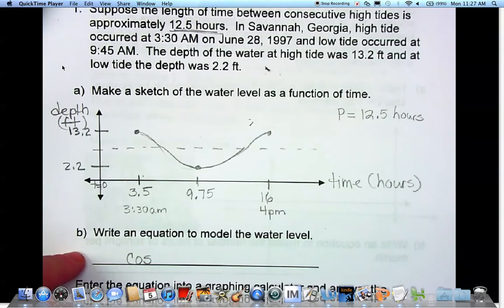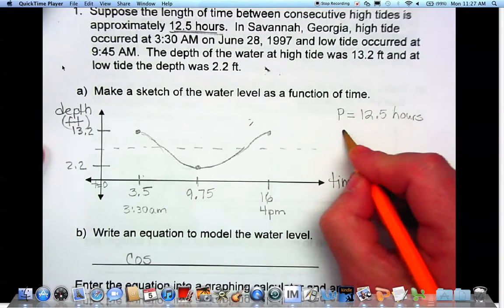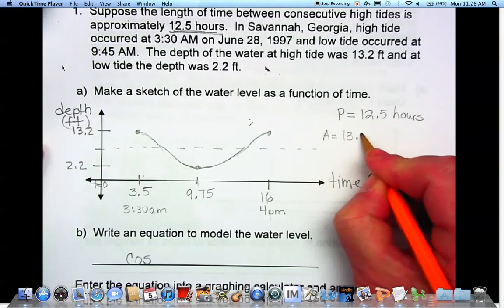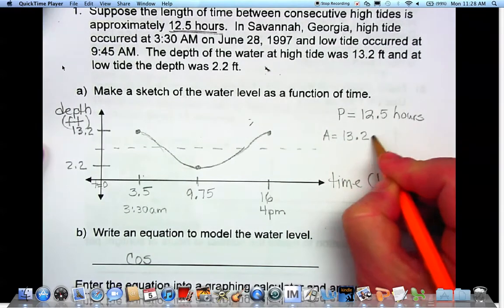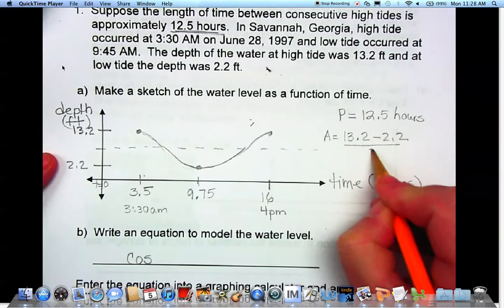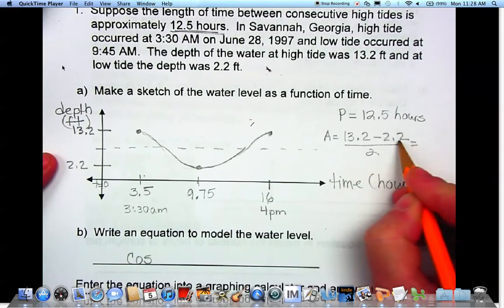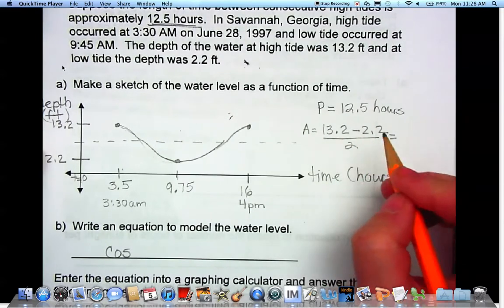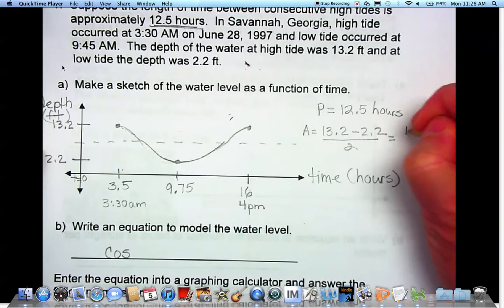The middle of 13.2 and 2.2. You take the top number, subtract the bottom number, and then divide by 2. Okay, so the top number is 13.2 minus 2.2, divided by 2. Why do you divide it by 2? Well, you're getting the average. What is 13.2 minus 2.2? 11.